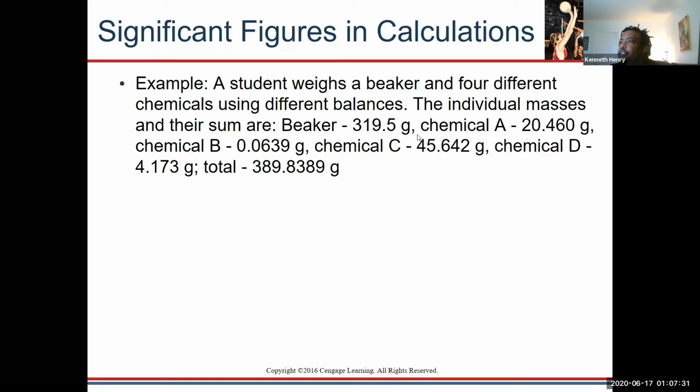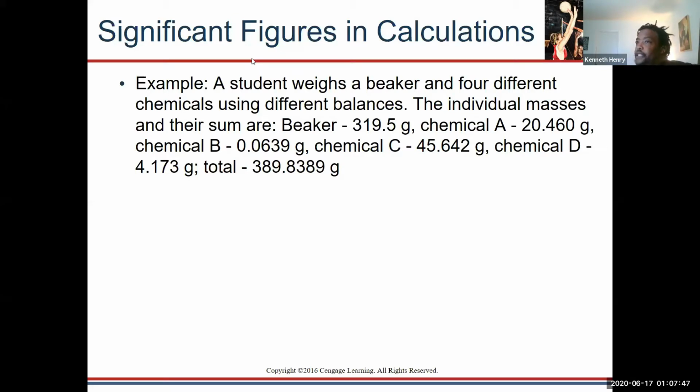Okay, so let's see those skills. I'm going to be a little lazy. I'll read the question, and then you guys need to help me out with this one. A student weighs a beaker and 4 different chemicals using different balances.